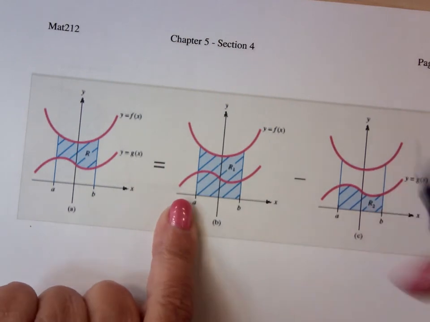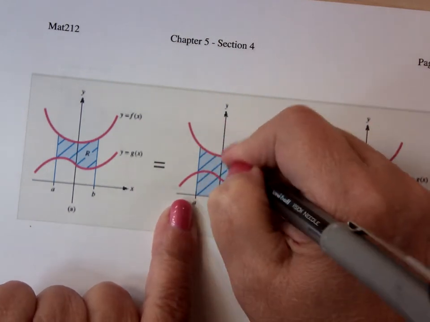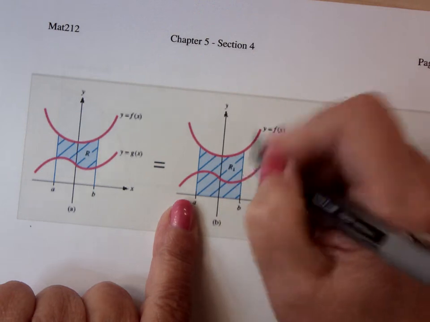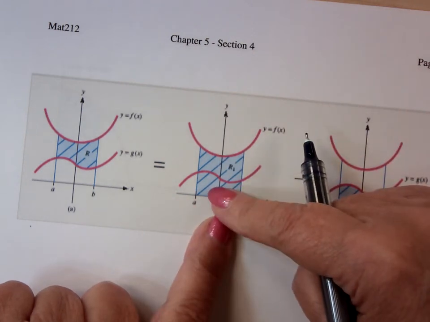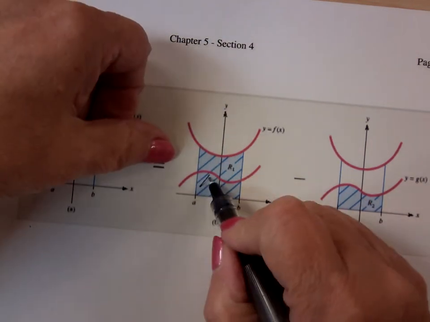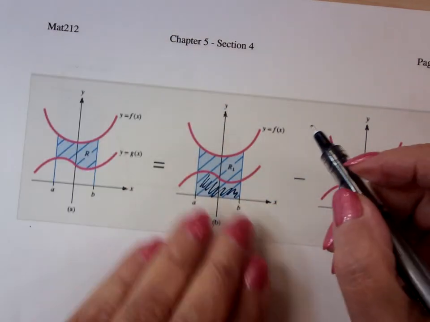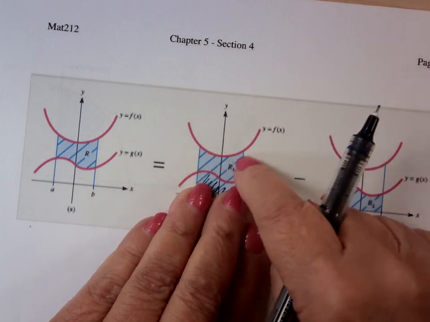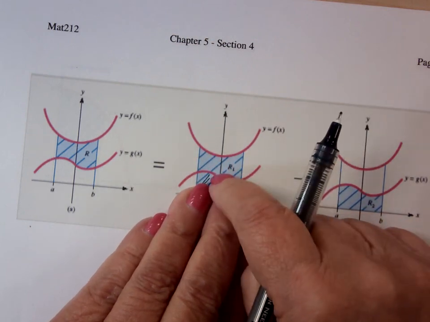Well, it's equal to the area that's under the above curve, so it's big, right? Then you subtract out the area that's below the curve, and when you subtract that out, you'll have the area that's between.